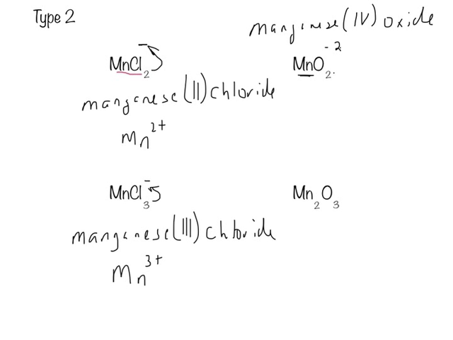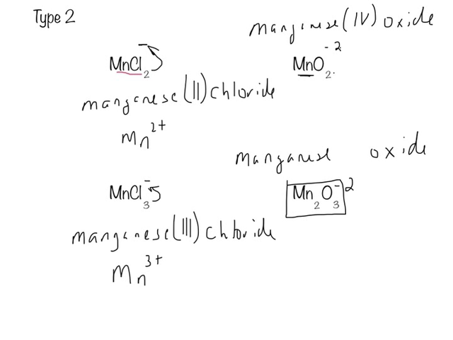Now, this is probably the most problematic one here, but it's actually pretty simple. I know I have another manganese oxide, so I'm going to go ahead and just write manganese oxide. But what's the charge on the manganese? I know that the oxide gives me a -2 charge.